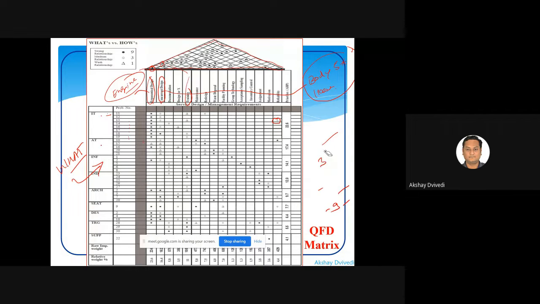Now, at the end of the day, when you have developed this entire house of quality, which is usually referred to as the first phase of the quality function deployment matrix, you are at a level to decide which technical descriptor I have to start from. For example, in this specific case, I have collected certain values at the last row of this QFD matrix.